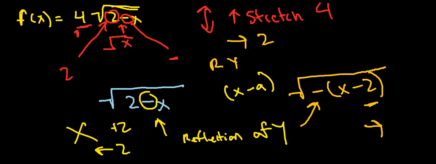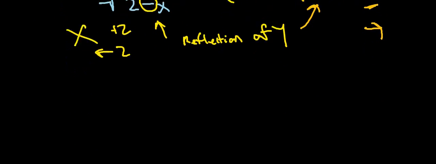So now let us graph this now that we have all of our information. I'll draw a real quick graph of the square root of x, which looks like this. We start at 0, we have 1, 1, and when we have 4, 2.